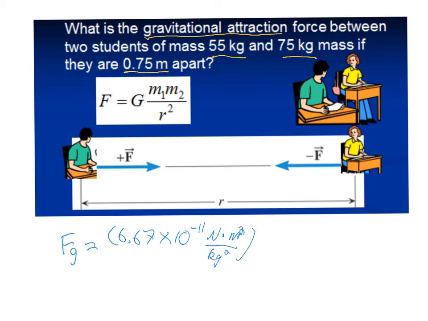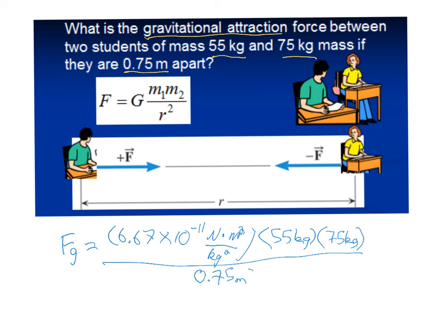So that's all G, multiplied by mass 1. So mass 1 is 55 kilograms, multiplied by mass 2, which is 75 kilograms, and then divided all that by r squared, so in this case 0.75 meters squared.